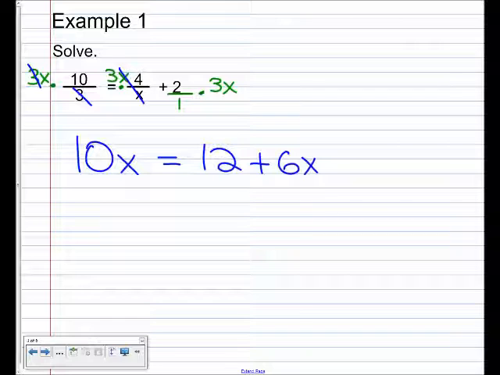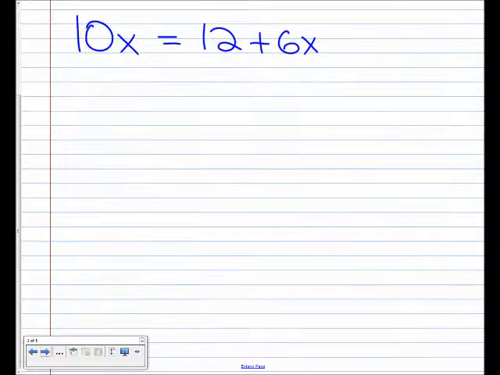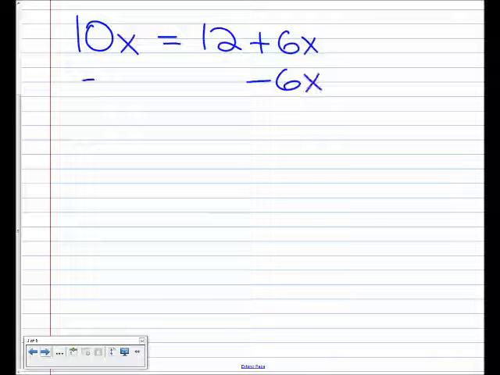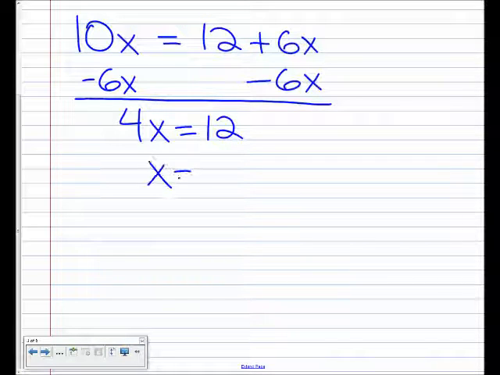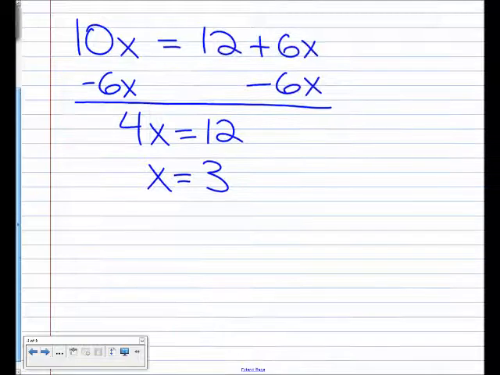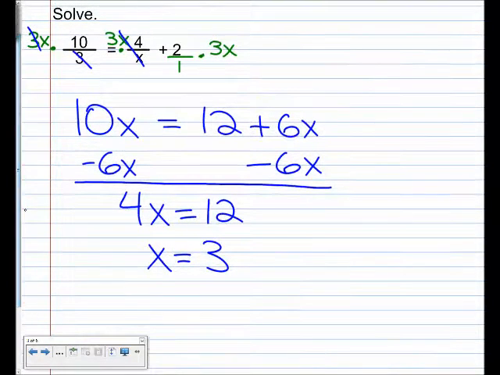All right, so you should isolate your variable to find what x is. So go and do that real quick. All right, x equals 3. Any questions on that one?